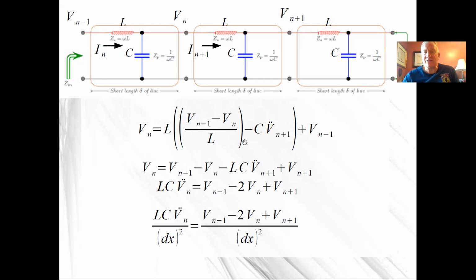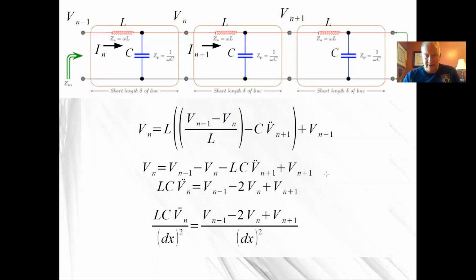So this L will cancel, but then I have to multiply this by L. And what I end up with is that the voltage at n is equal to the voltage at n minus 1, minus the voltage at n, minus LC times the second time derivative of V_(n+1), plus V_(n+1).